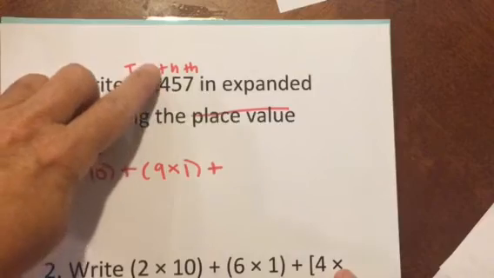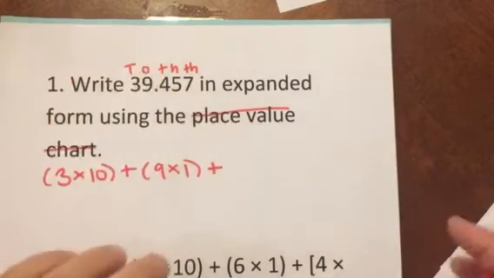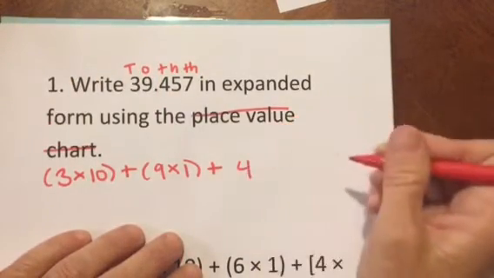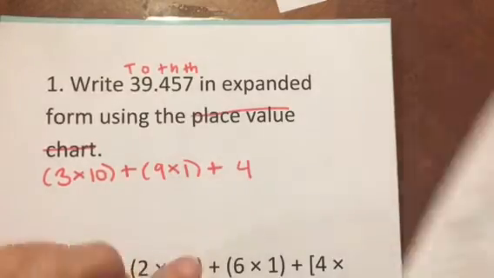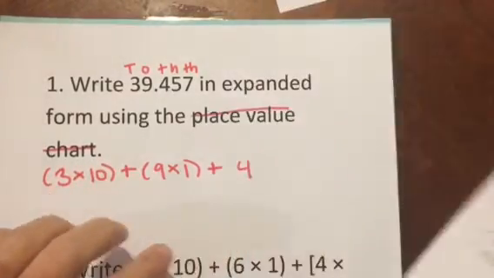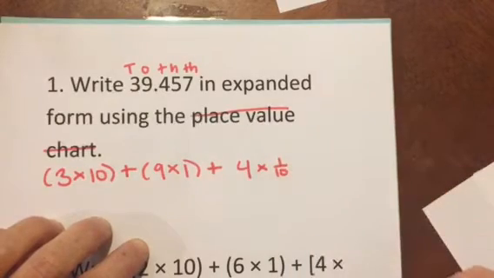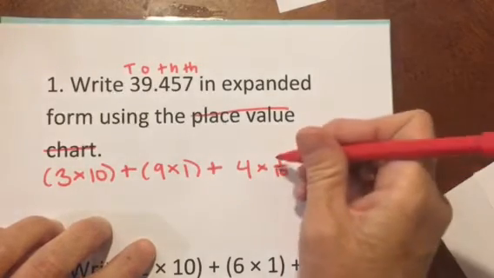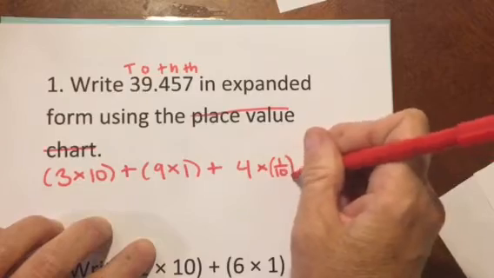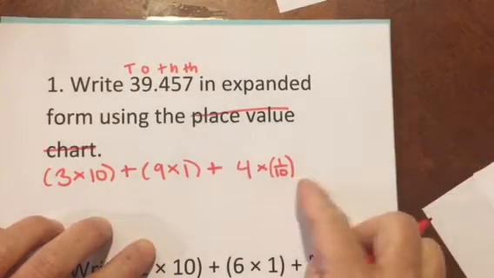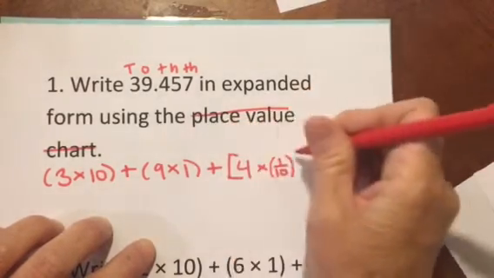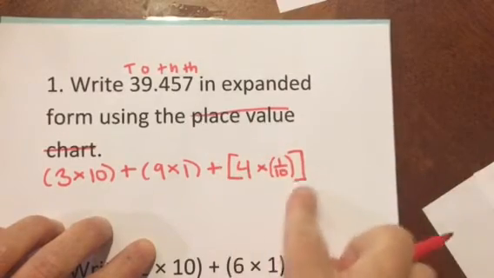I have 4 tenths. This is where it gets tricky. I have 4, and remember, how are we going to write tenths? Like this. So I have 4 tenths. Okay, the weird thing is, the format they want is they want you to put a parenthesis around the fractions, and then you're going to need a bracket around this.